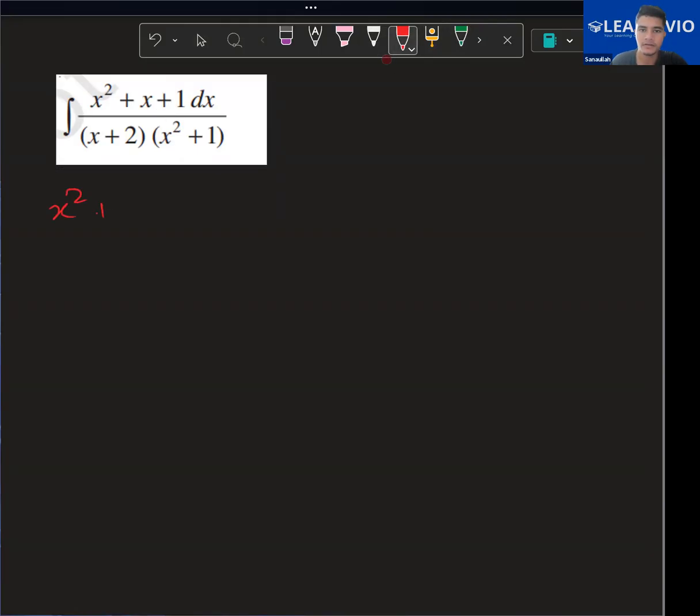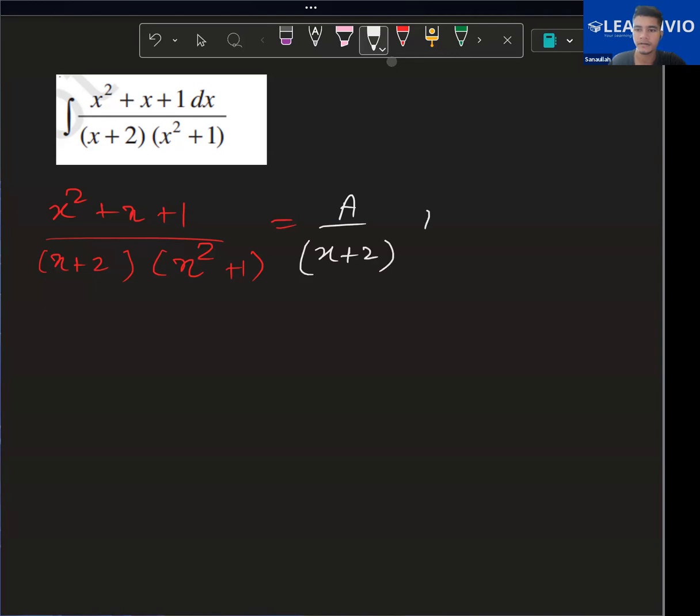First of all, you will write (x square plus x plus 1) upon (x plus 2)(x square plus 1) as a upon x plus 2 plus (bx plus c) upon x square plus 1. Rest of the process is the same. Now you will equate both the sides and compare.